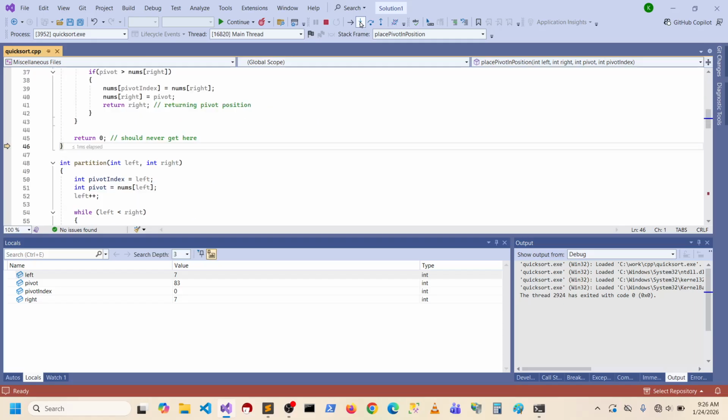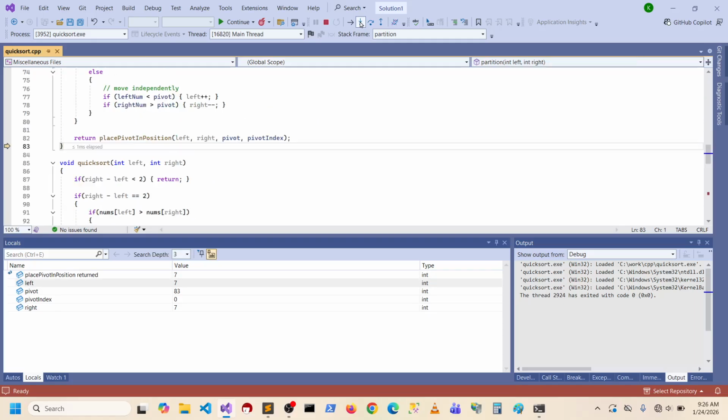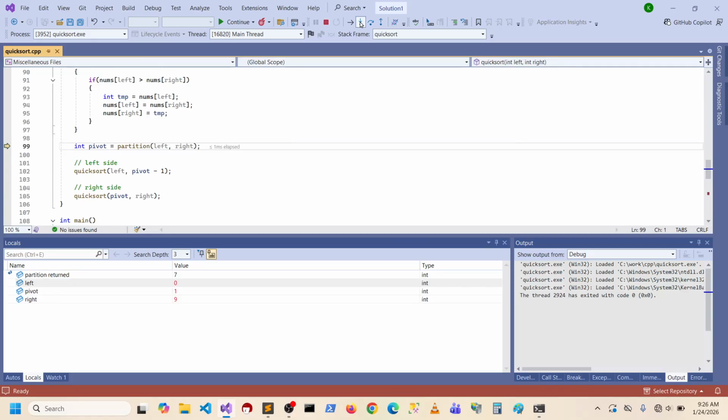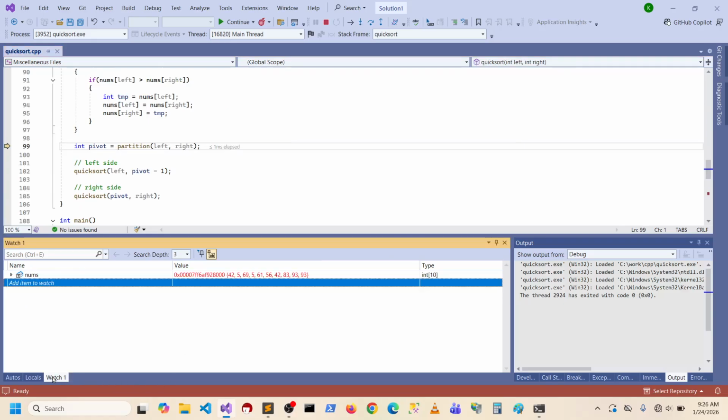Turns the position to there. And now it should all be on the right side. 83 and above, and below 83. Okay. So now we've got to take care of this left side.